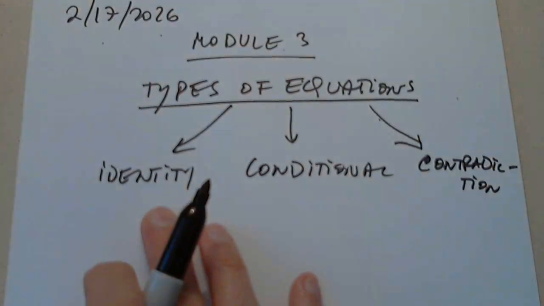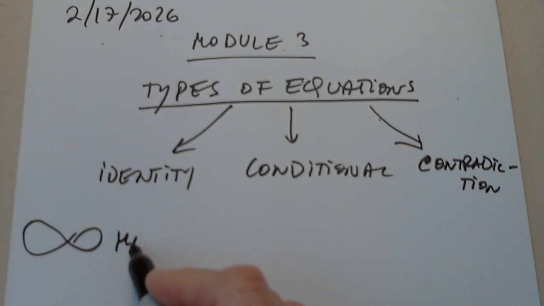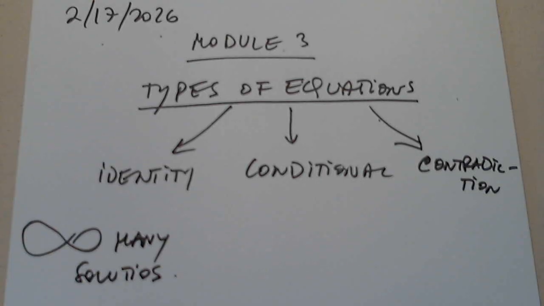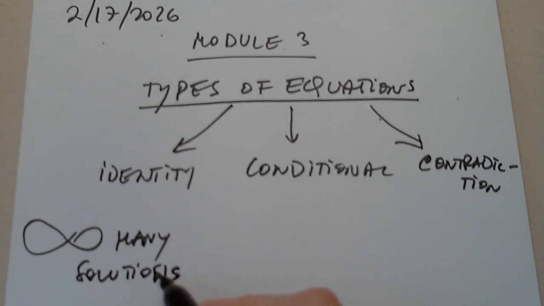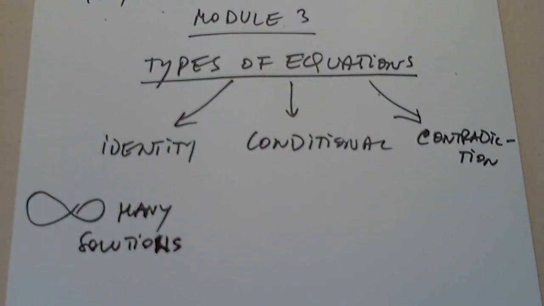Okay, an identity has infinitely many solutions. Infinitely many solutions.